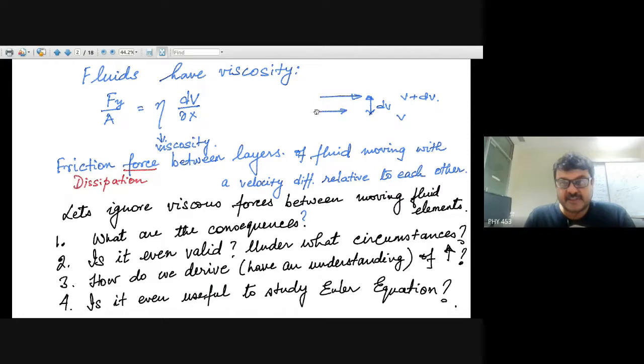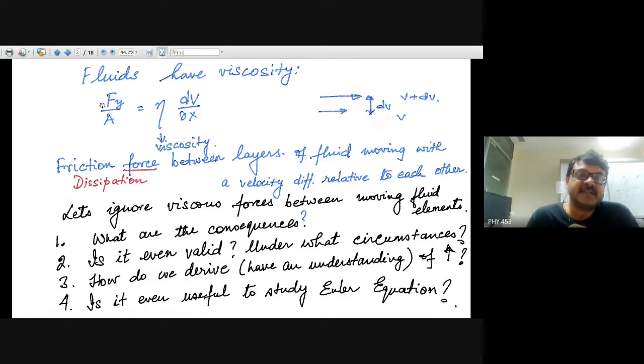And suppose this is the x direction and this is the y direction. So if the fluid is moving in this direction with respect to the other with a velocity gradient dy, that means you have to give a force in the top layer of the fluid and in the y direction.